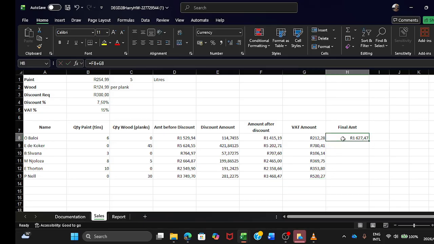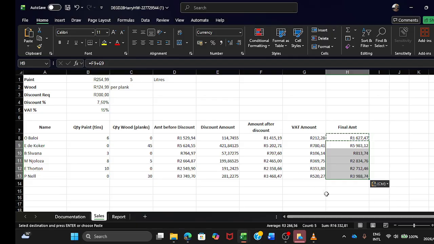Still the same thing, copy and paste. Then we are done with this.